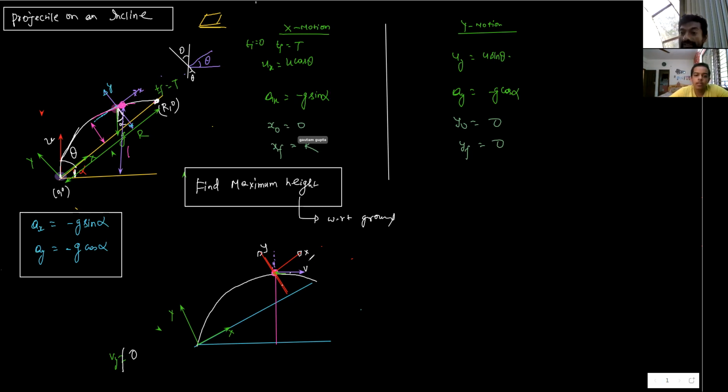In order to find it, let's call the original axis x0 and y0. This is my original axis, x0, y0.